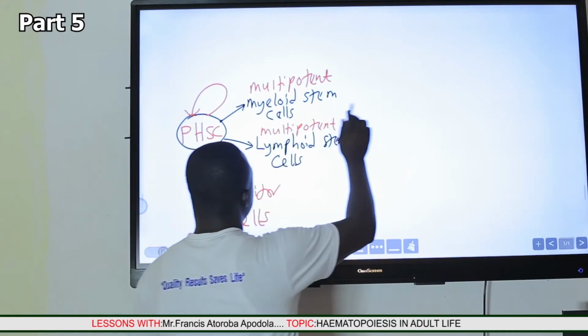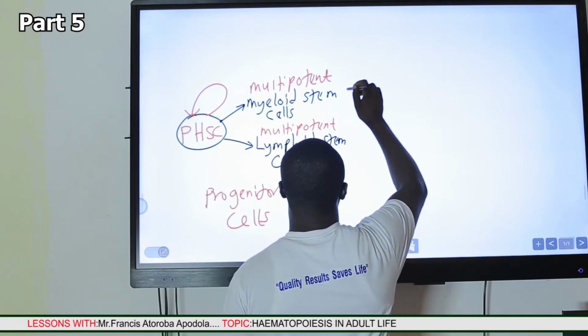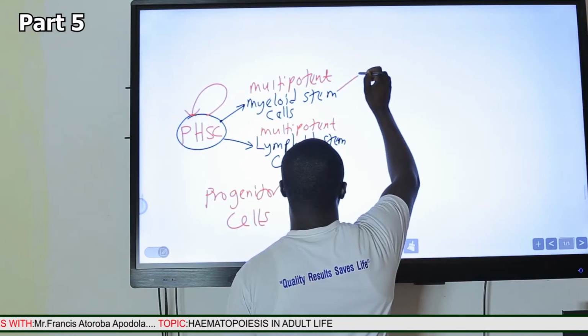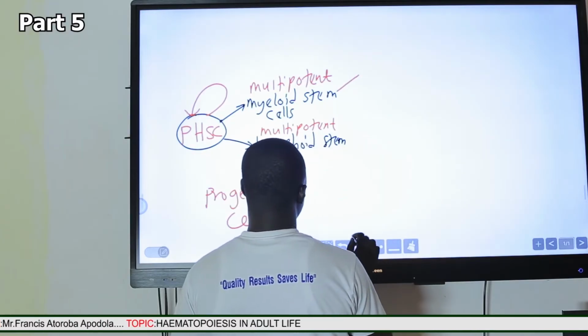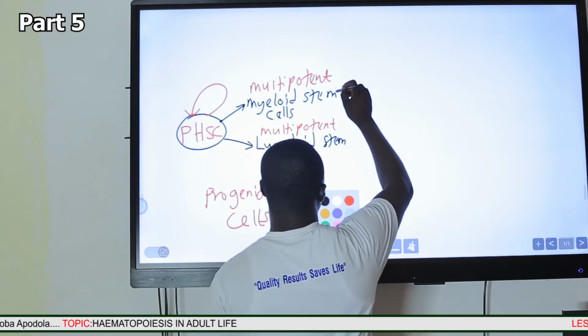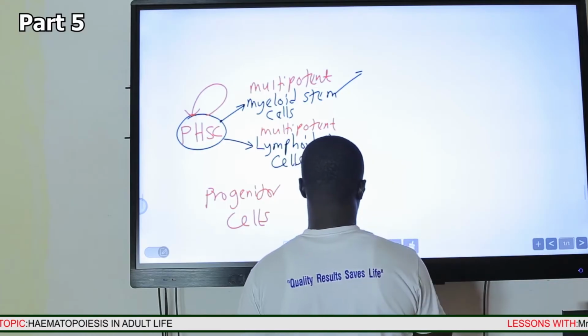So these undergo further differentiation to form the stem cells that originate from the myeloid stem cell.